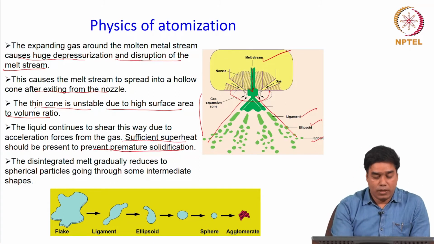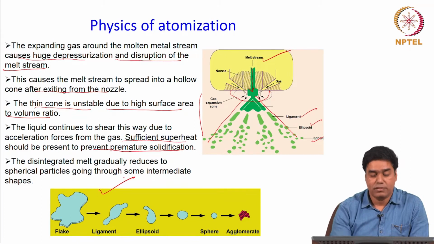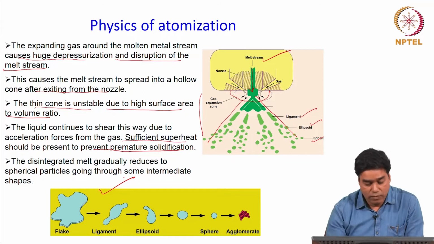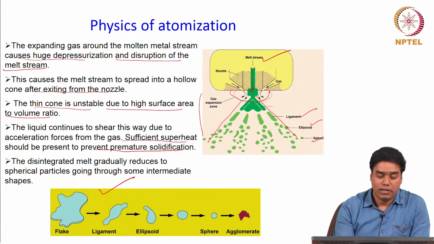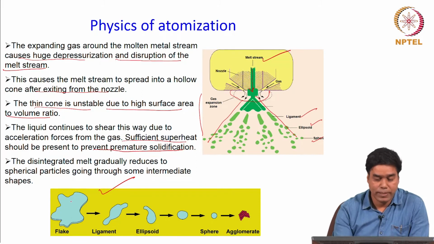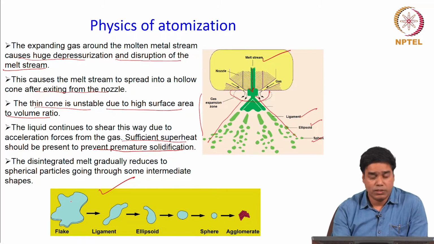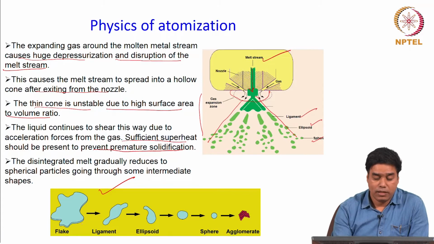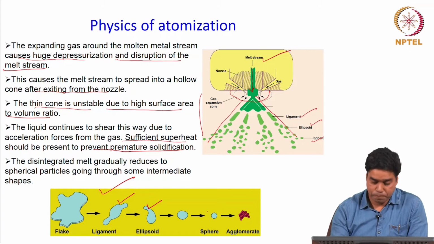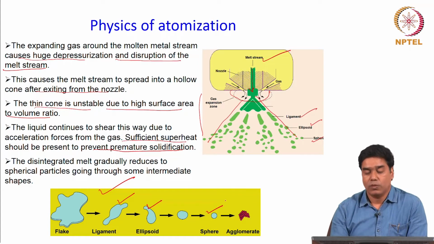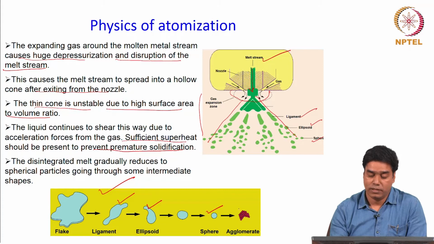So, these are the different intermediate stages, as you could see from this particular image. Now, it starts from a flake which has a very high surface area to volume ratio, and then it gets broken down into a ligament, which is then converted into an ellipsoid, and then this ellipsoid is finally converted to a sphere, and then you have these agglomerates of spherical particles.